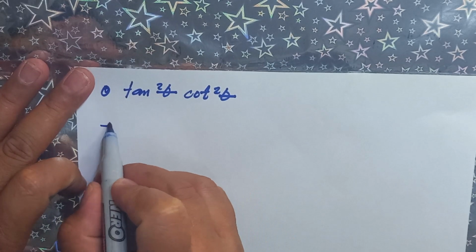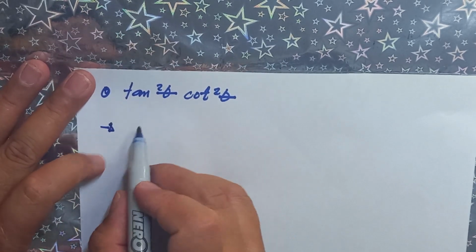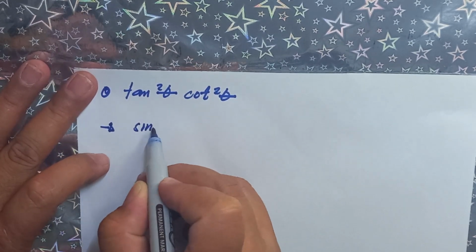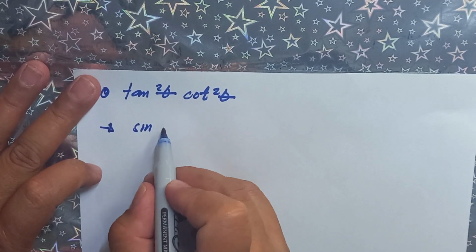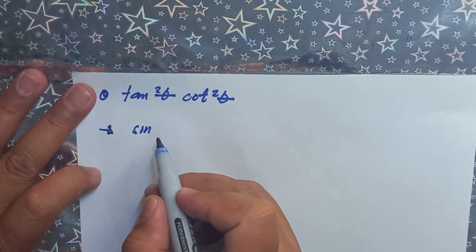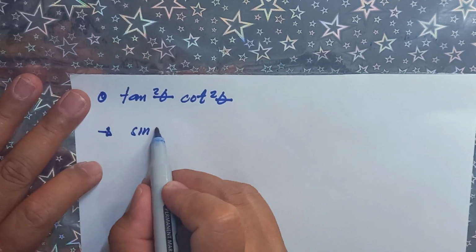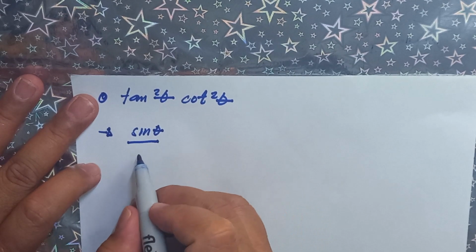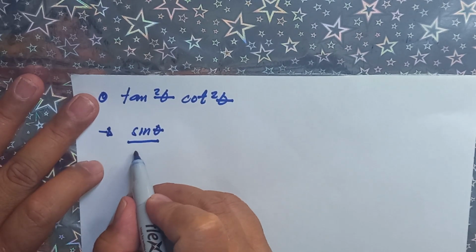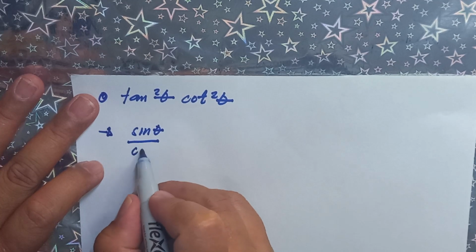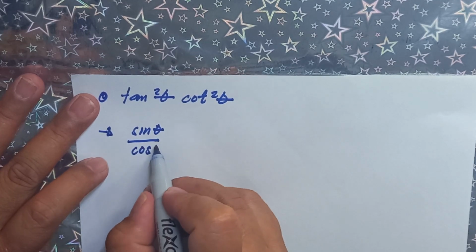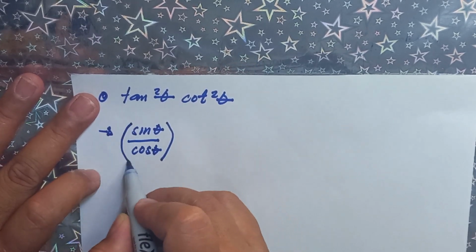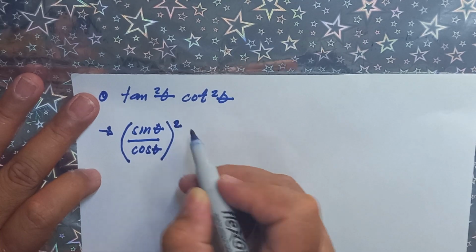Okay, step number 1. What is the definition of tangent? Tangent is the same as sine theta over cosine theta. Of course, that is raised to the second power, and so we raise it to the second power.